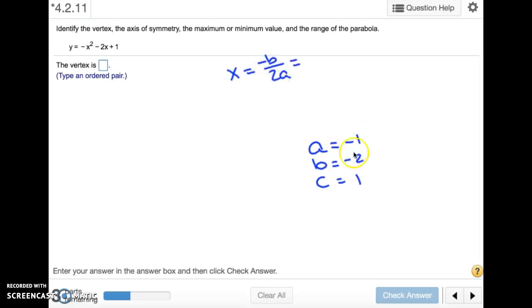When I fill in these numbers, I have negative times -2, so that's going to be +2, over 2 times -1. So when I plug that in, I get 2 divided by -2, which is -1.